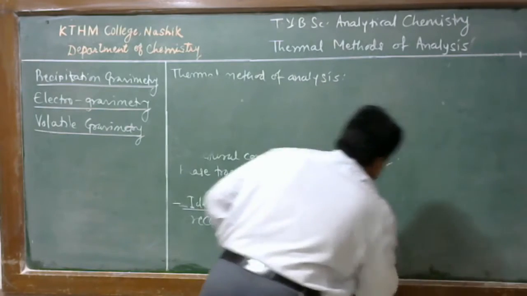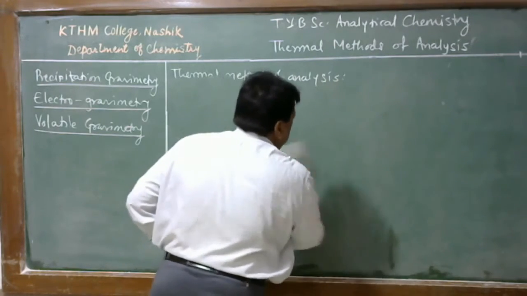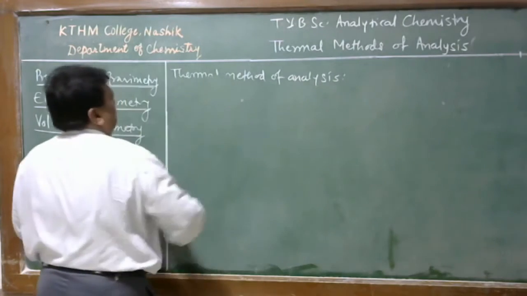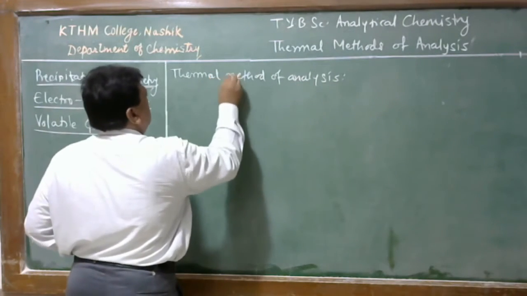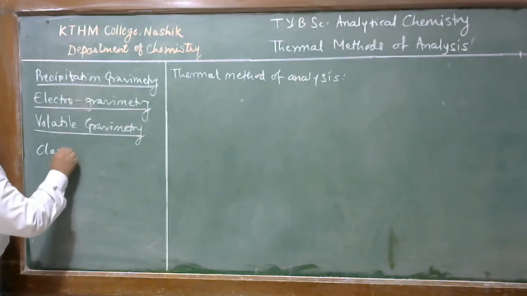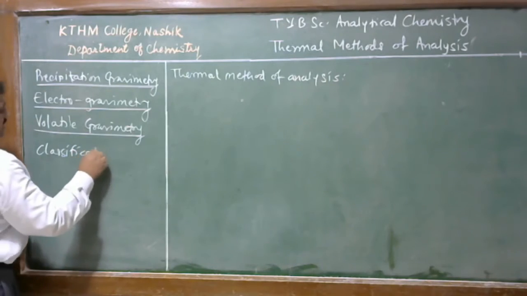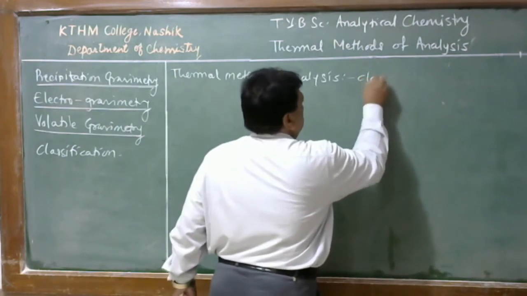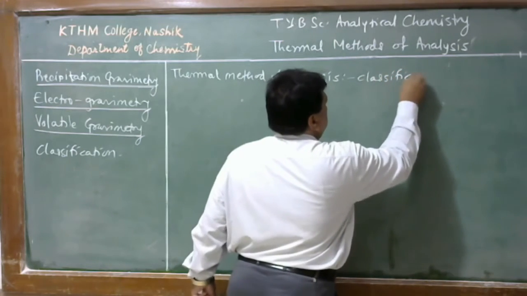And here, on the basis of temperature programming, that is on the basis of heating rate, the thermal methods are classified into different categories. That is the classification of thermal methods of analysis.